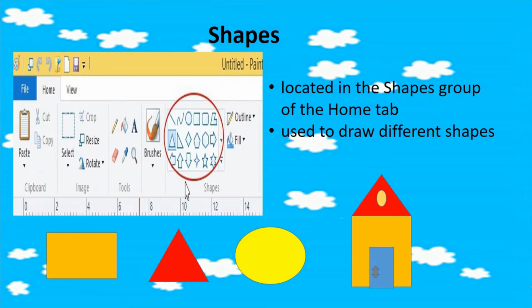Shapes. The shapes tool is located in the shapes group of the Home tab. It is used to draw different shapes or different types of drawings. For example, if you want to draw a house, you can use different shapes like square, triangle, circle from the shape groups.